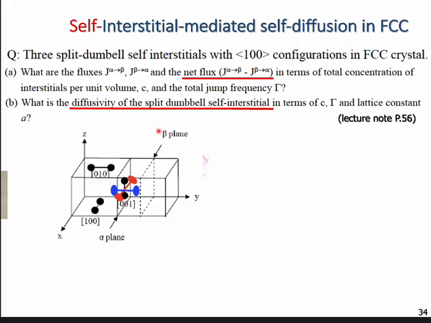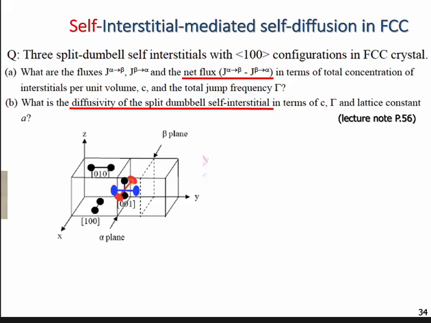OK, so first of all, in order to solve those questions, I usually draw two unit cells for FCC, and because it's a self-interstitial, because it belongs to split dumbbell, all the atoms occupy the lattice point. So here I also draw atoms on the shared face. I draw three different types of configurations of this split dumbbell.